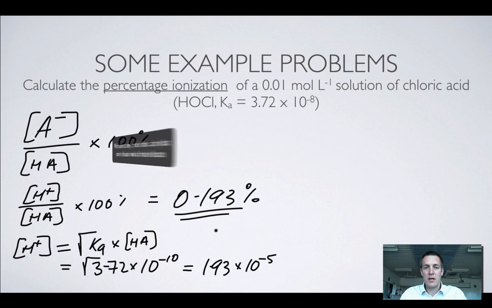Okay, so there is a percentage ionization problem, which basically is a matter of finding H+, just like we did in the previous problem, but then working out a percentage, as in the concentration of A minus divided by the concentration of undissociated acid. So the amount that has dissociated divided by the amount that hasn't.